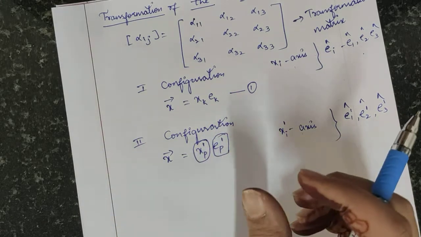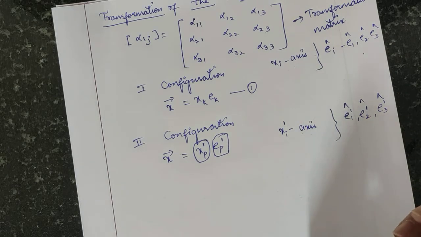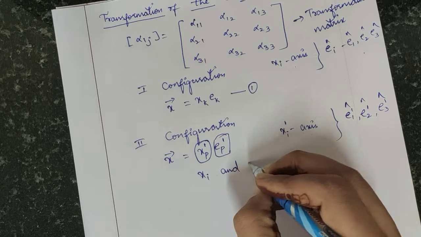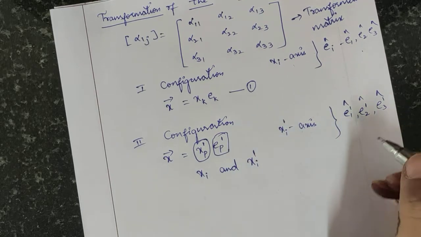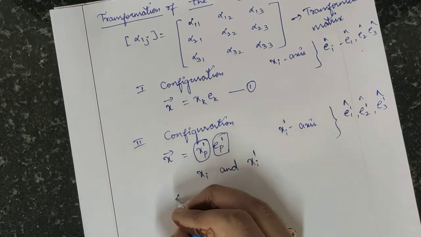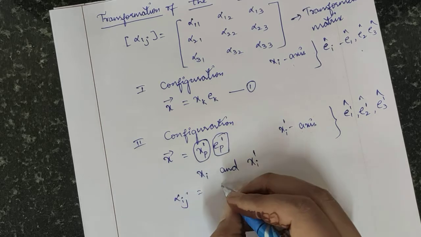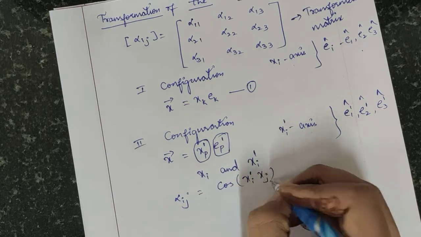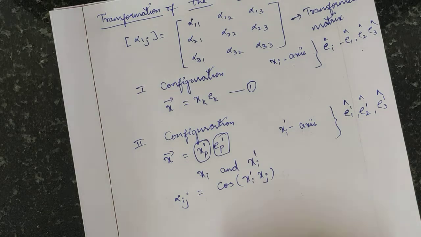And for the direction cosine of the angle between xi and xi prime, we can write alpha ij is equal to cos of xi prime xj. These are the things which we discussed in the previous session, right?